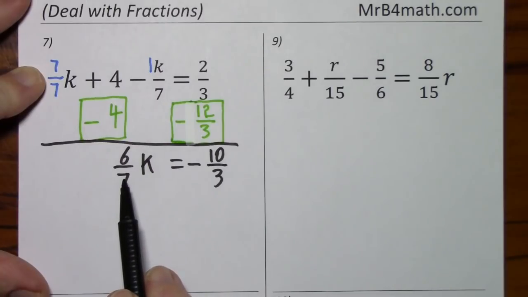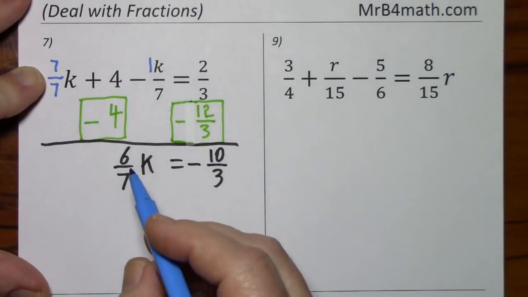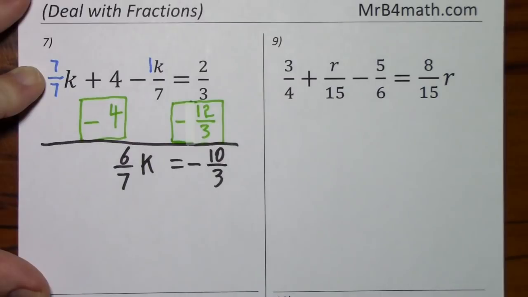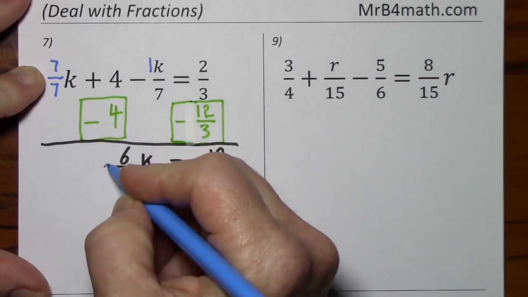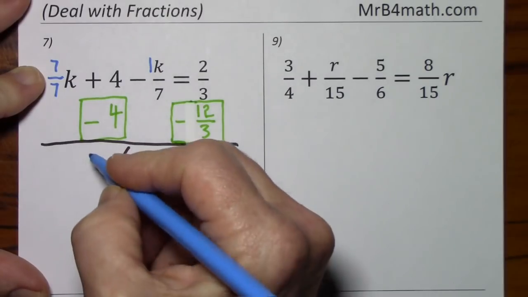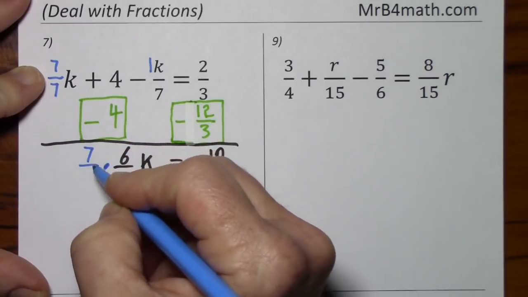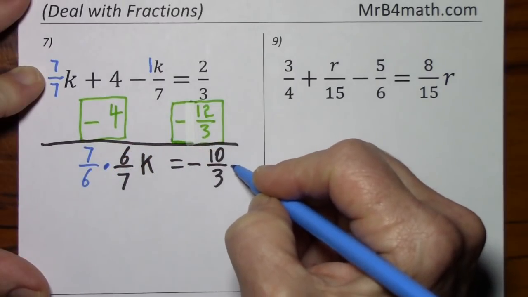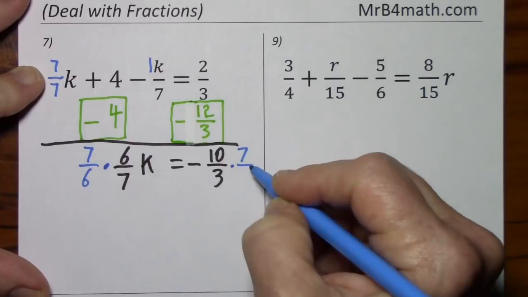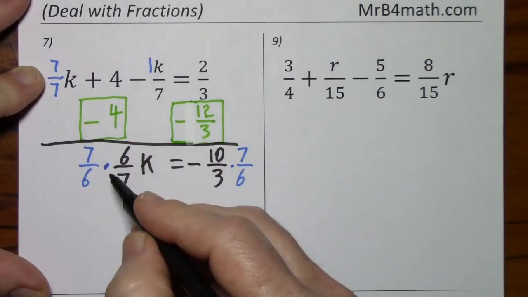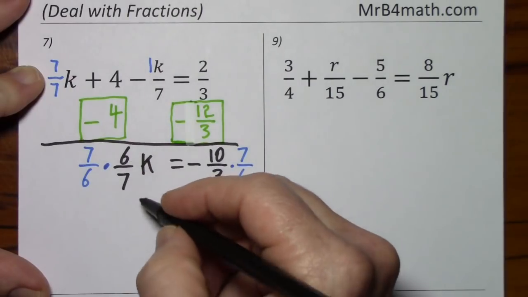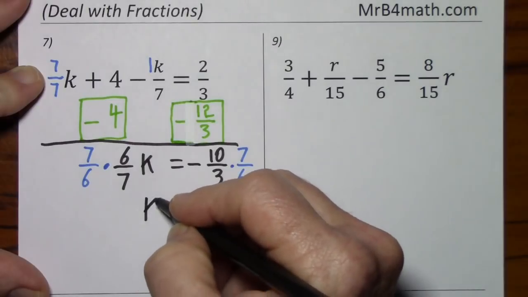We want to get rid of 6/7. It's held by multiplication, so we divide. So we multiply by the reciprocal. Everything cancels here, so you're left with 1k.